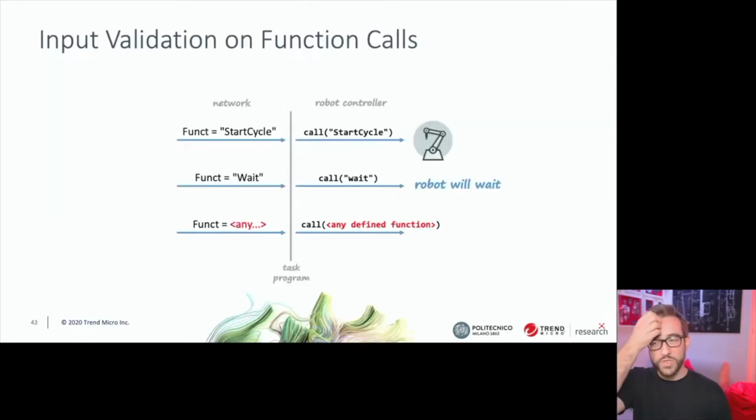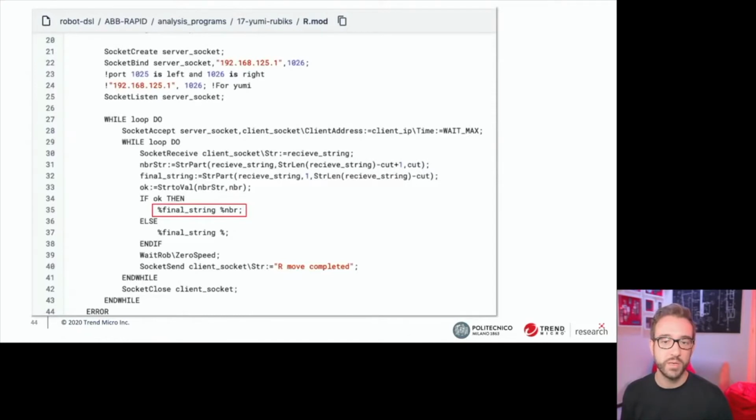Another interesting vulnerability class that we found is when the robot executes a function whose name is determined at runtime or from data that the attacker can influence. For example, in this program here that used to be on a public repository, now removed, but fortunately it's only an educational demonstration program, we found that it was possible to receive data from the network, from a socket, as you can see here.